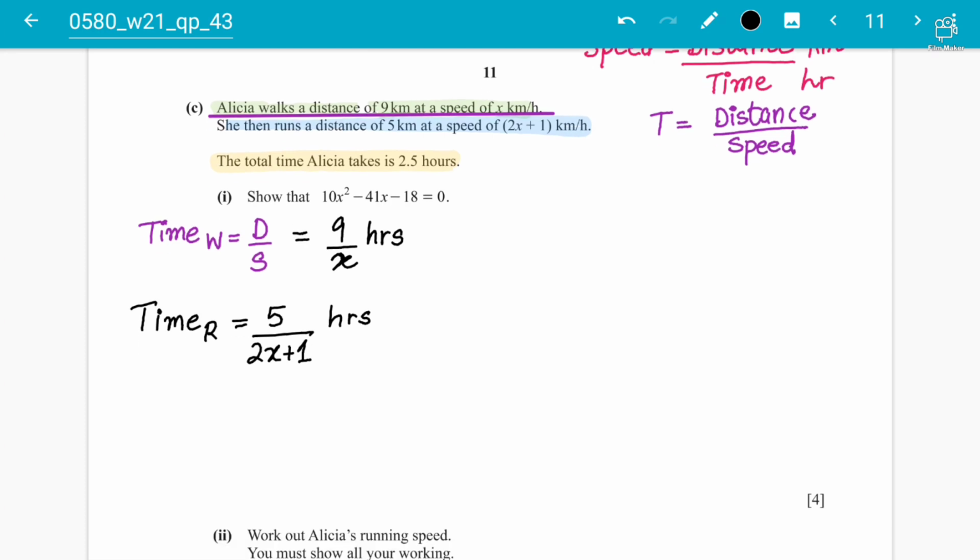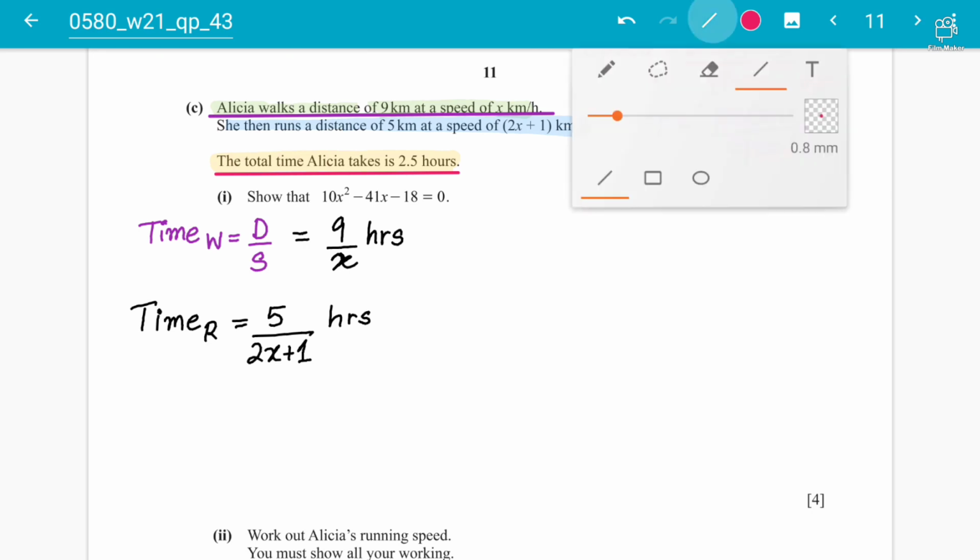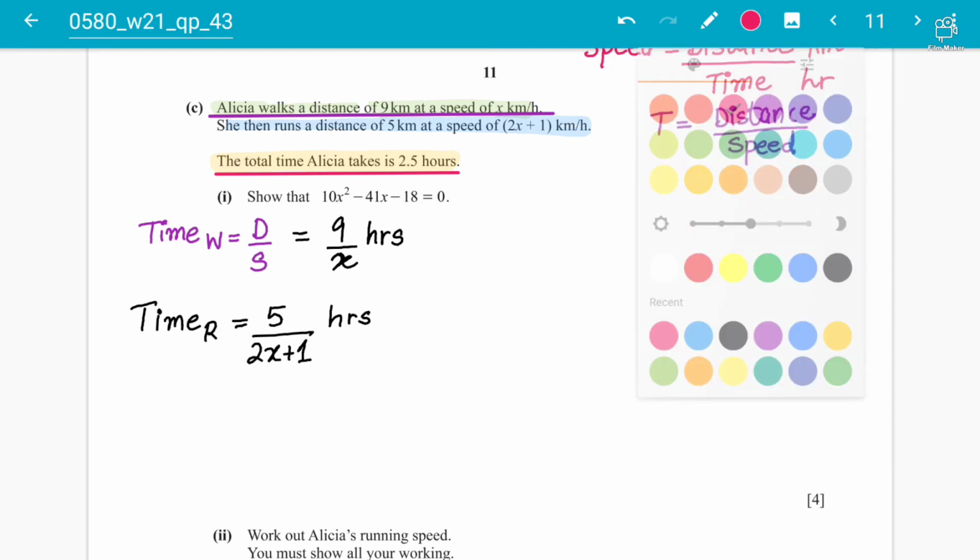Now the next thing: it gives us the total time, that is the total time Alicia takes is 2.5 hours, which means there is no need to do any conversion into minutes or seconds, because the examiner has already given the question in hours.